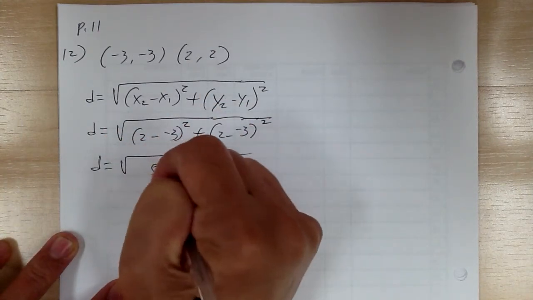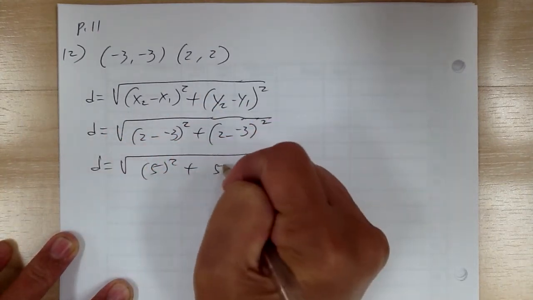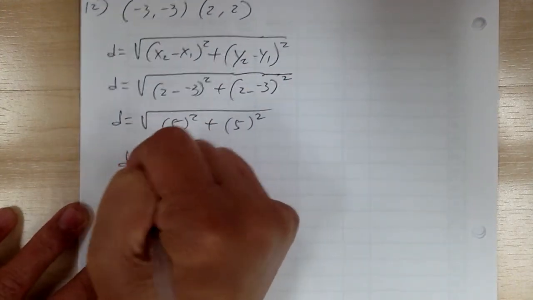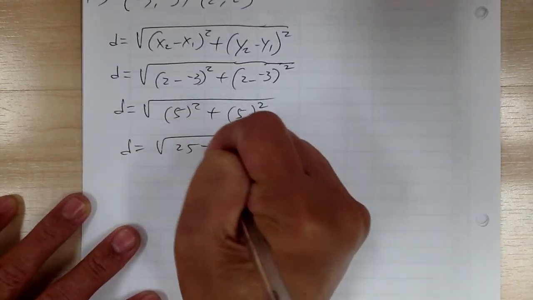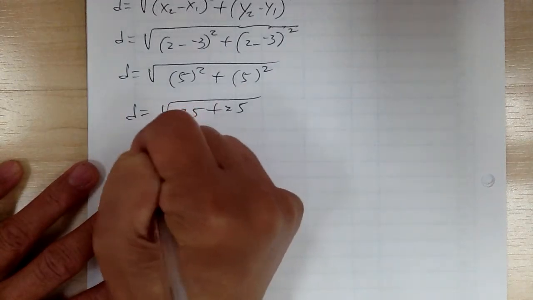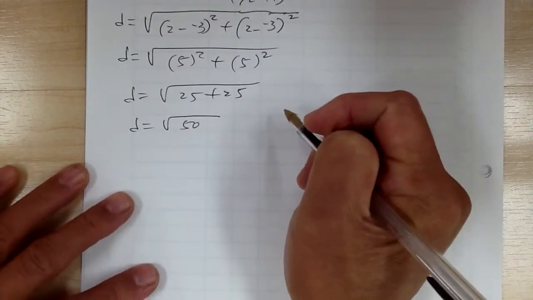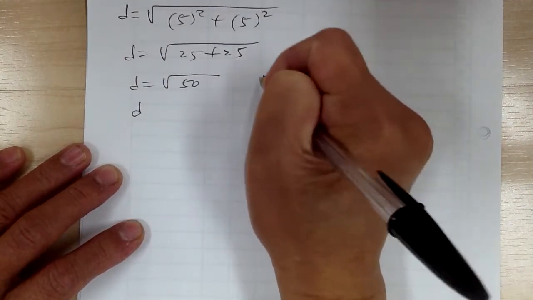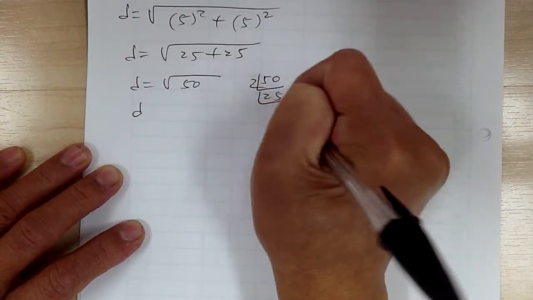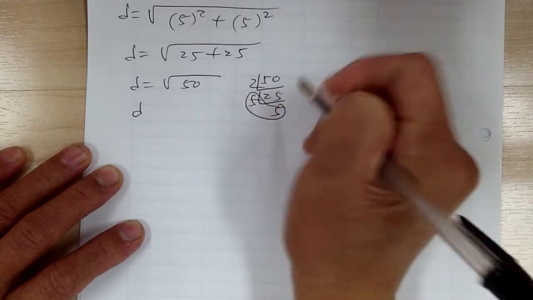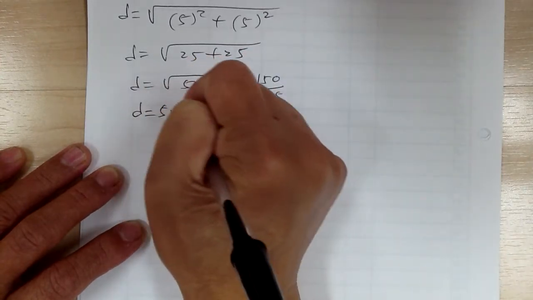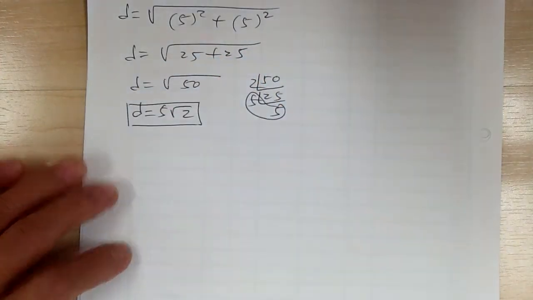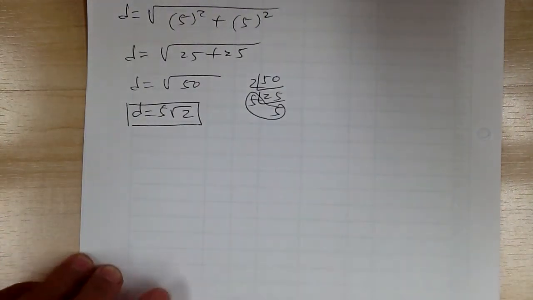So this will give you 5 squared, this will give you 5 squared. So distance equals the square root of 25 plus 25. So distance equals the square root of 50. And if you simplify, it would be 5 square root of 2. Okay, so again, I'm going kind of fast because all these are very basic stuff.